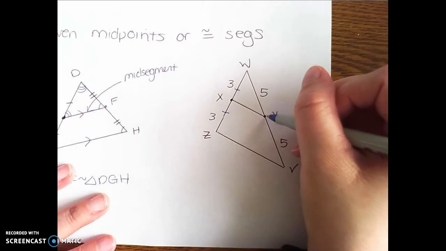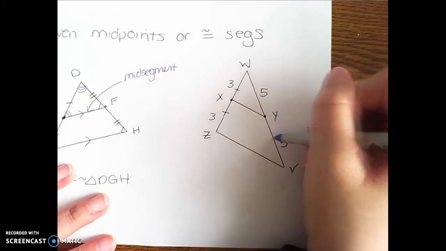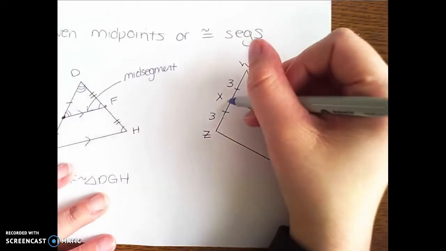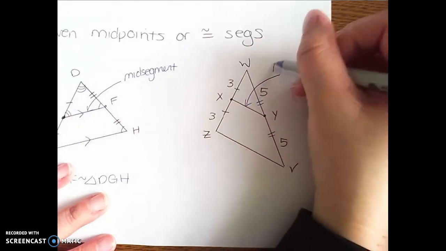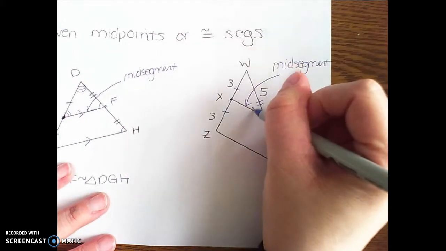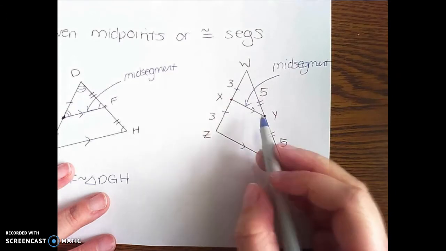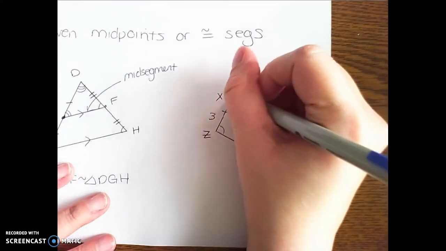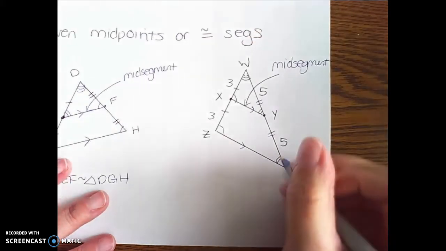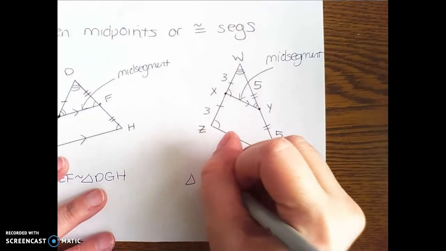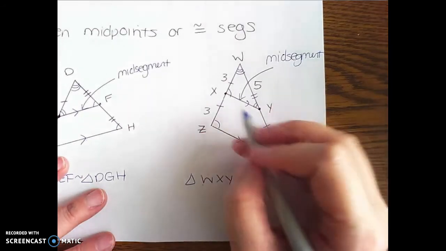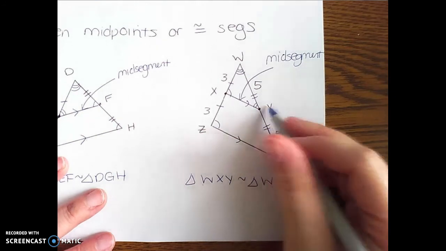And similarly, Y is a midpoint because 5 and 5 are the same length. These are congruent to each other. Again, if I have two midpoints, I have a midsegment, and I know a midsegment is parallel to the third side of the triangle. Parallel lines give me congruent corresponding angles. And then I have my reflexive angle. So I have triangle WXY similar to triangle. W corresponds with W, X corresponds with Z, Y corresponds with V.